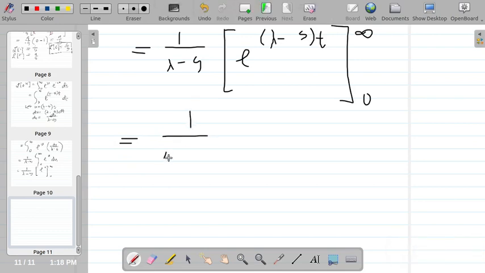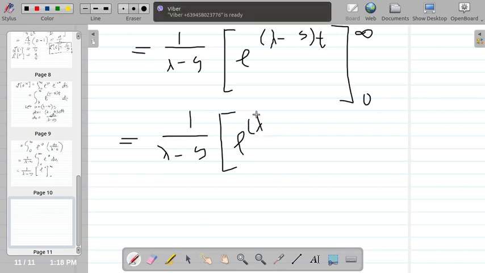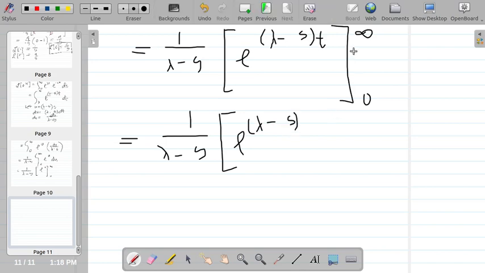1 over lambda minus s is e raised to the power of lambda minus s times infinity, minus e raised to the power of lambda minus s times 0.